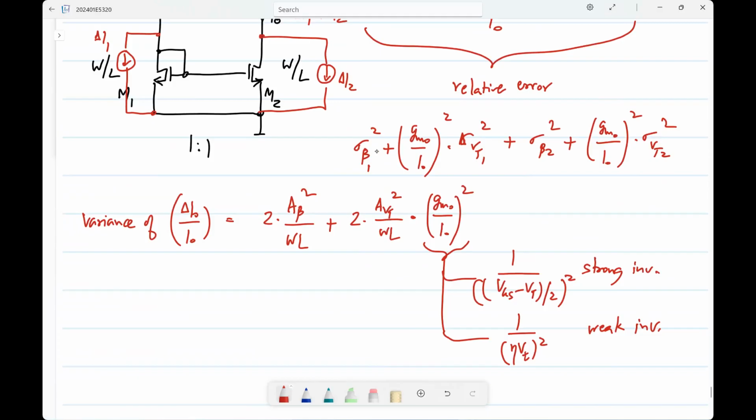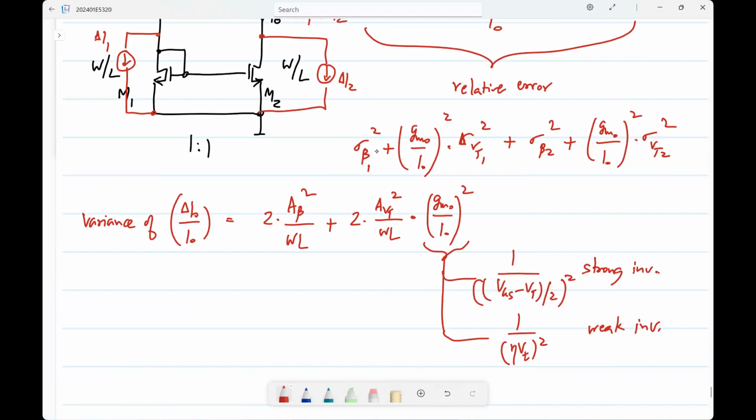So if you want to mirror a given current, how would you change things? Let's say you have designed some current mirror, its mismatch is too high, and you want to reduce that by some amount. What are all the things you can do?